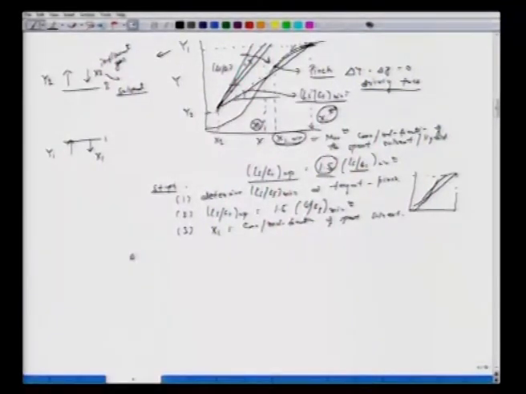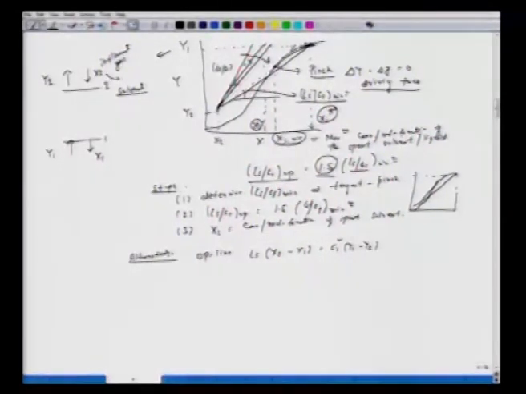Alternatively, we can write down the operating line equation: Ls times (x2 minus x1) equals Gs times (y1 minus y2), as we have done earlier.